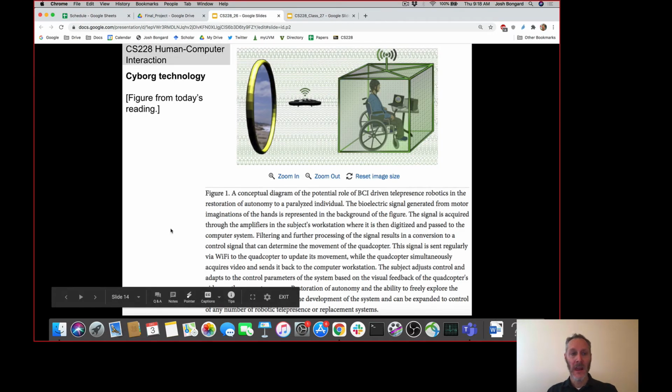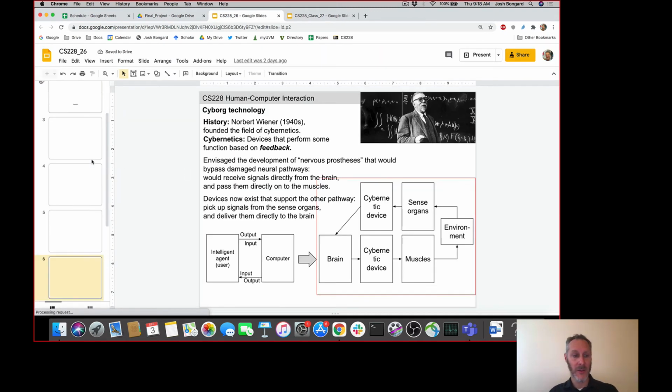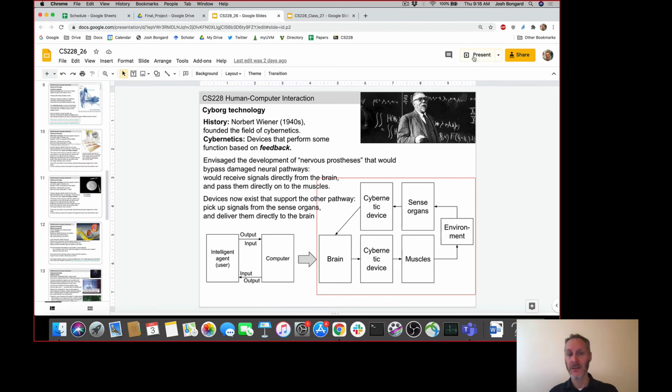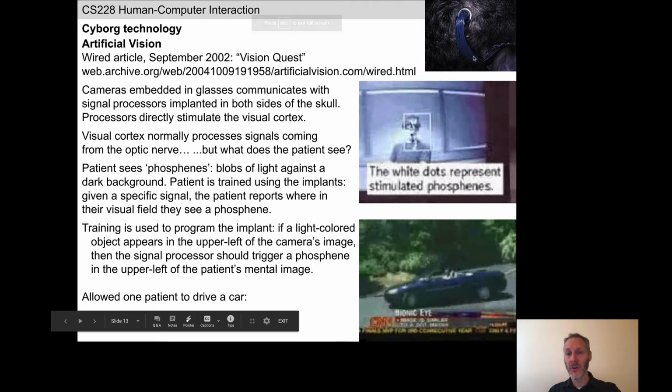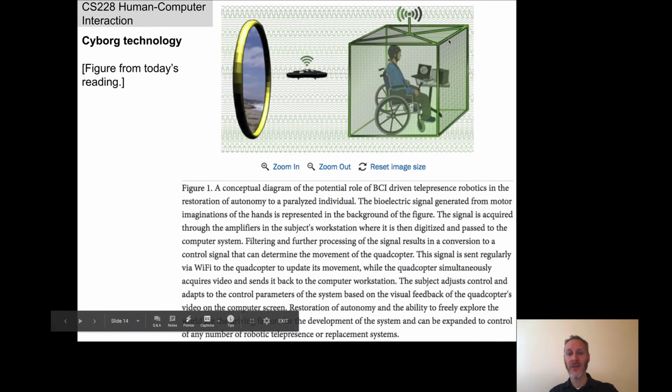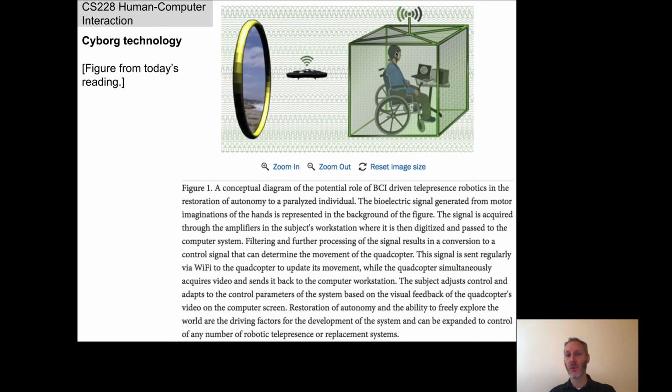Okay. Here's another example of brain-computer interaction. Sorry about this. Let's get back to where we were. Another brain-computer interaction technology. In this case, you can see that the subject is wearing a cap, so there is no surgical implantation in this case.